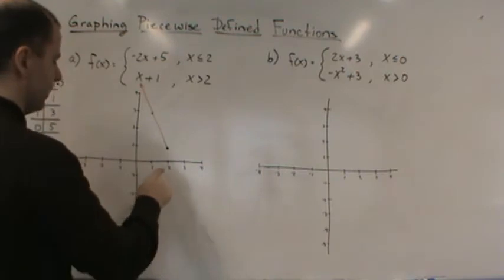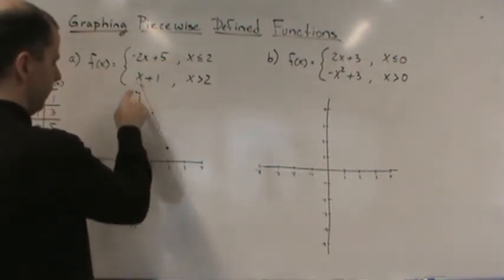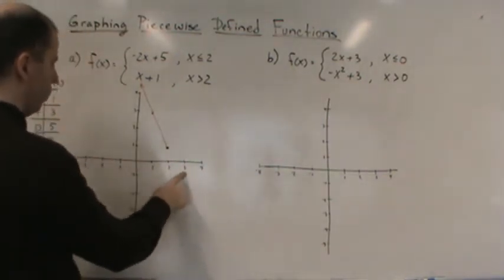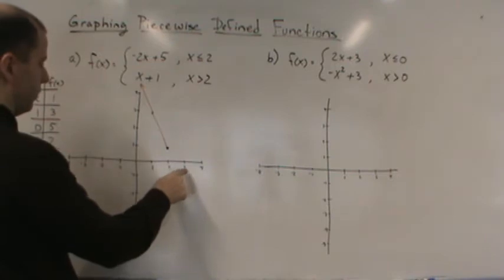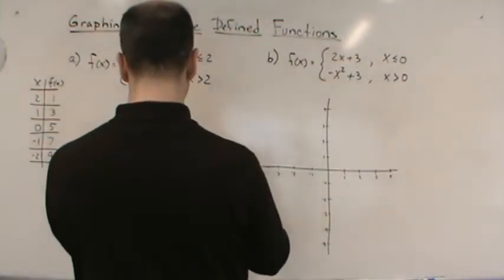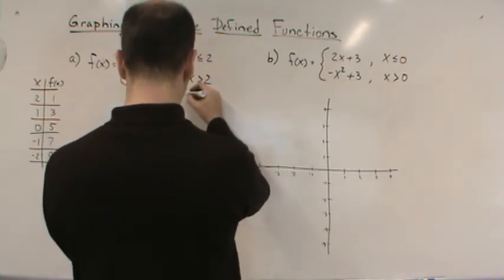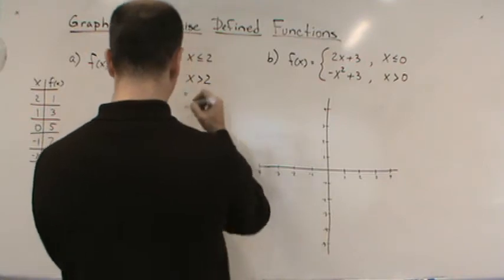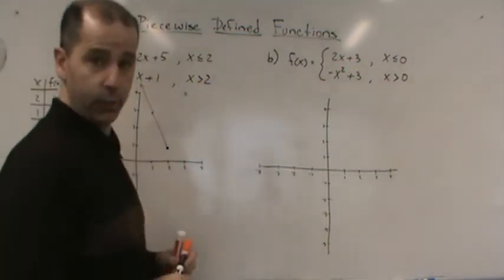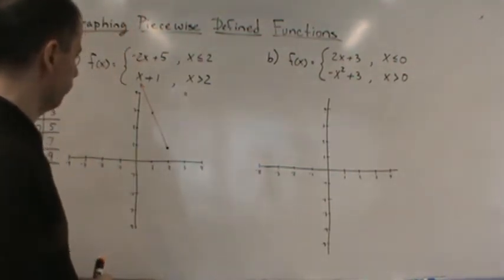Now also what happens is it changes at greater than 2. Now we're going to be here. At 3, what's the value of y? At 3, it's going to be 4. So at 3, I'm going to put a point at 4, but notice I put an open circle here at 4.